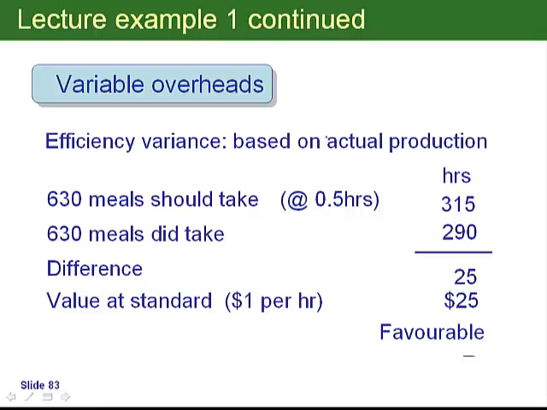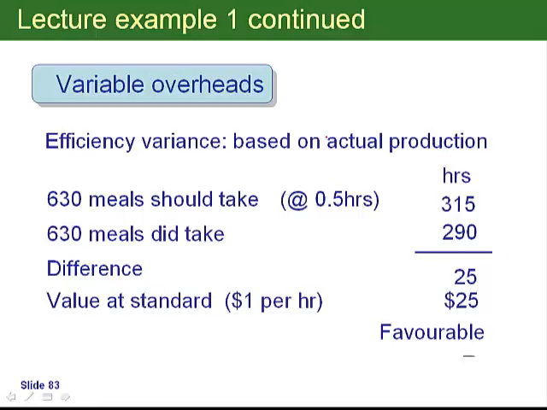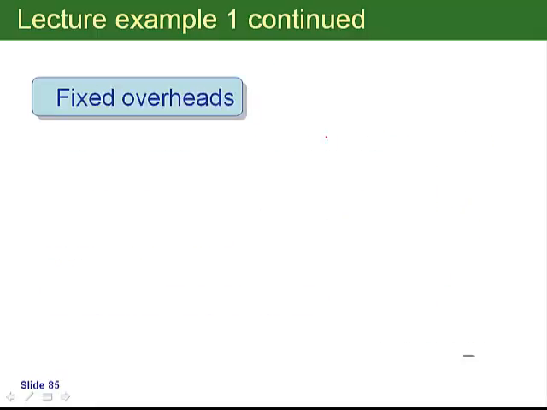Okay, so all we've got left in terms of our cost variances are our fixed overheads, and because we're doing this under marginal costing, what we want is just our expenditure variance.